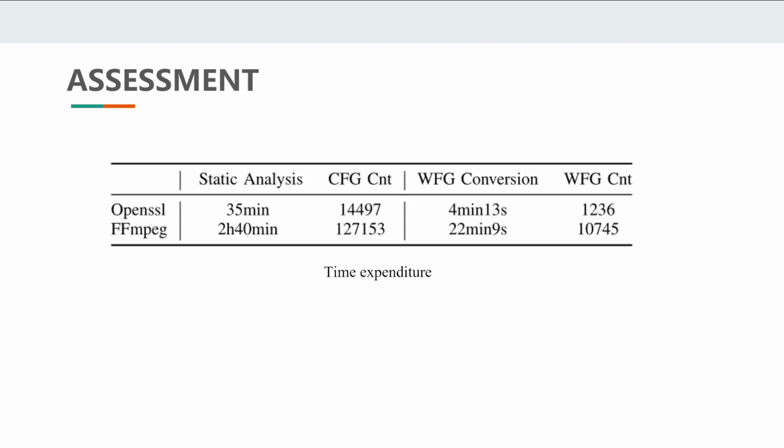The cost of weighted feature graph transformation is relatively small, and its main causes are vector transformation and weight distribution.